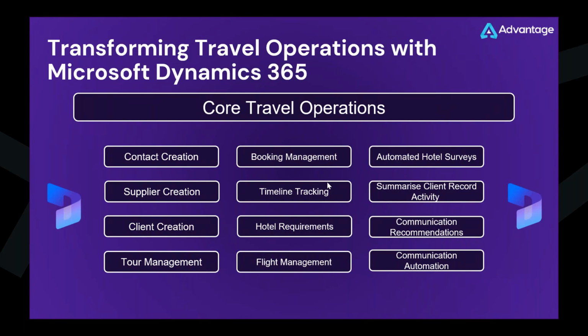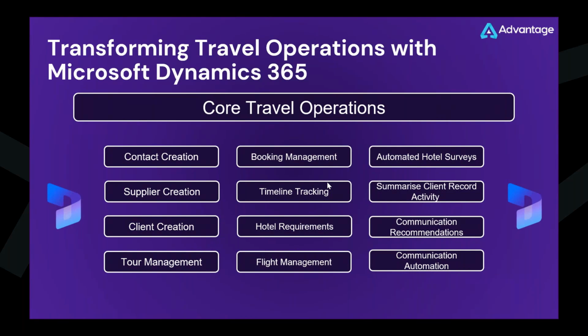In terms of improving upon what already exists, we have automated surveys that go out, and specifically what I'll talk about today is the automated hotel surveys. That improves the automation around getting the information from hotels.